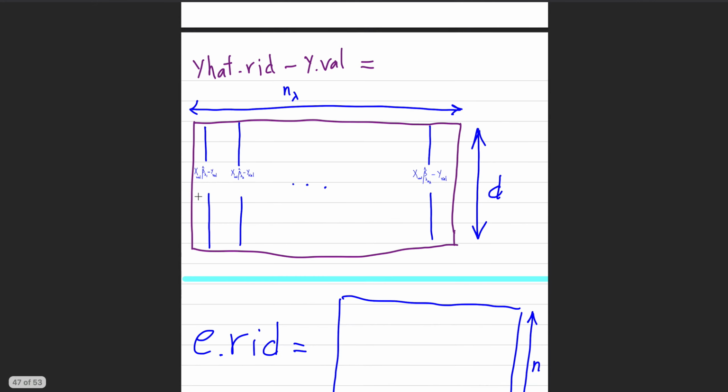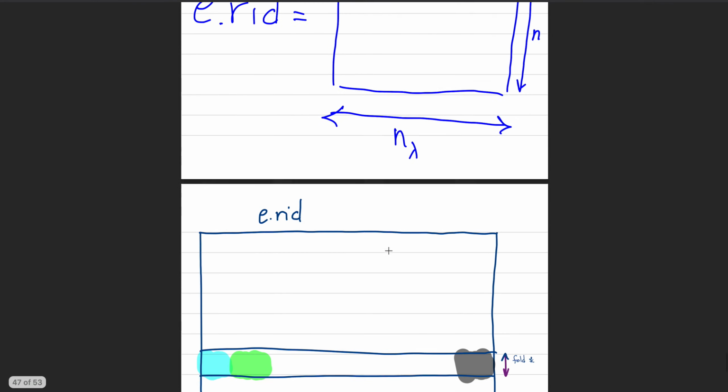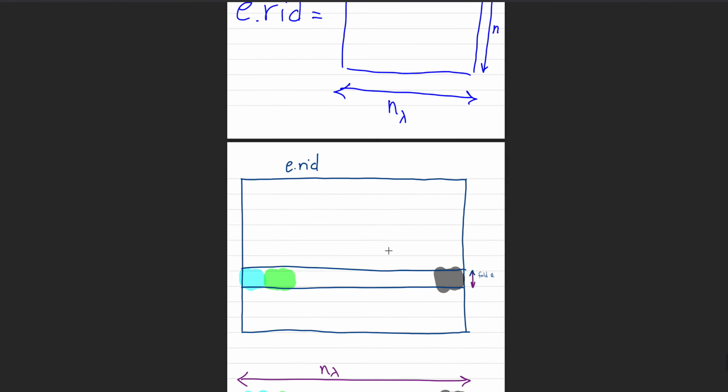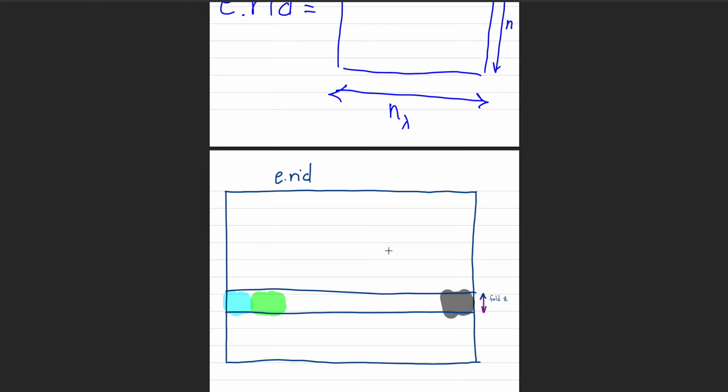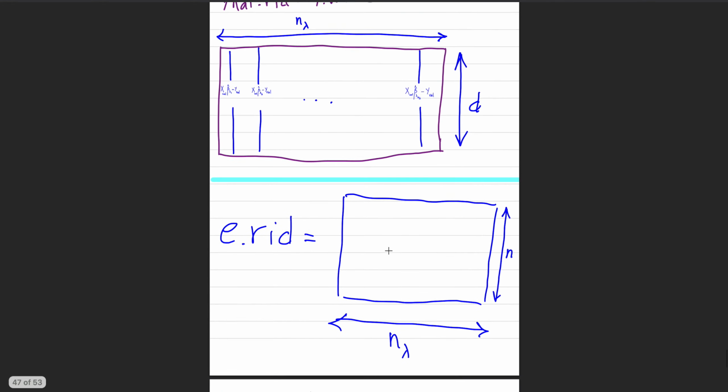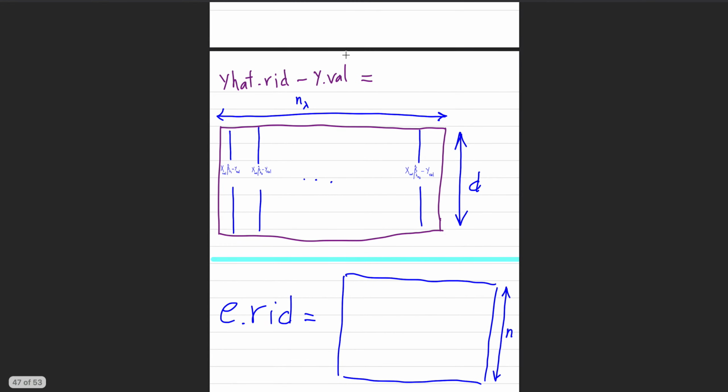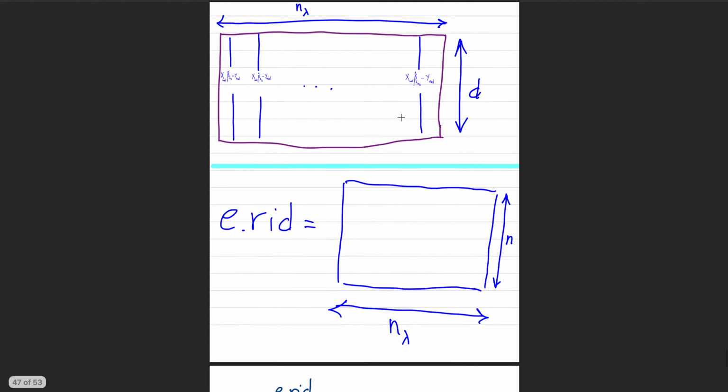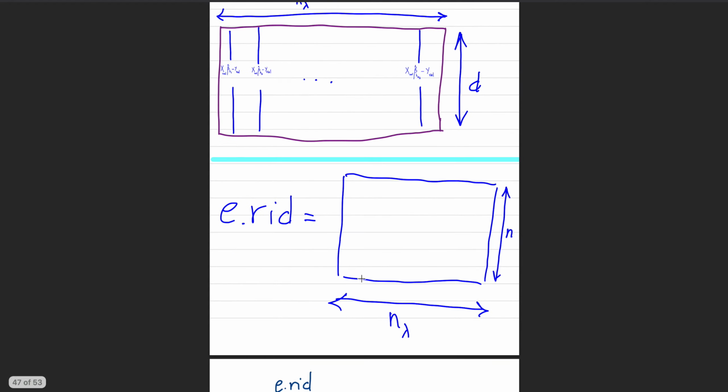It is a concatenation of all these residual vectors. So this residual vector has d rows, n lambda columns. E ridge has n lambda columns.